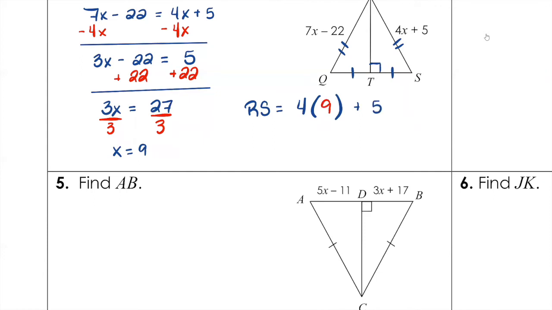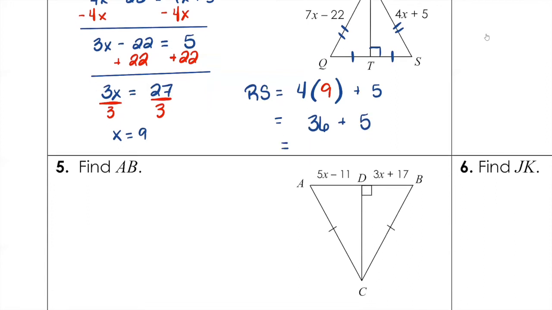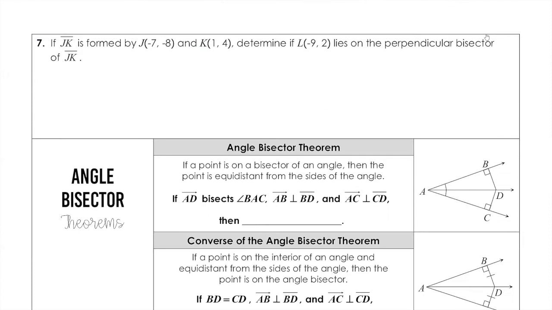So we substitute 9 into the expression for RS that was given to us. 4 times 9 is 36, and then 36 plus 5 is 41. So that was our perpendicular bisector theorem.